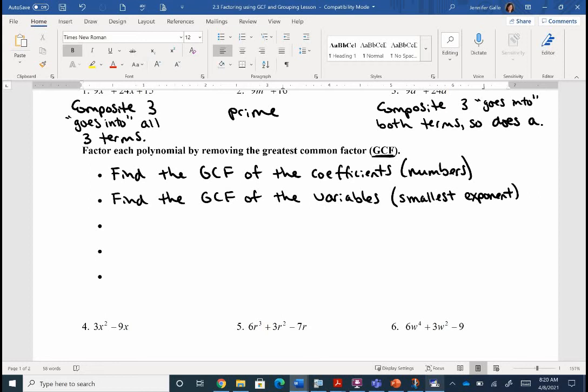Then what we're going to do is we're going to divide every term by our greatest common factor, whatever we find it to be.